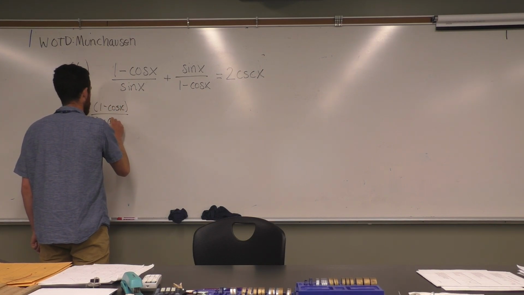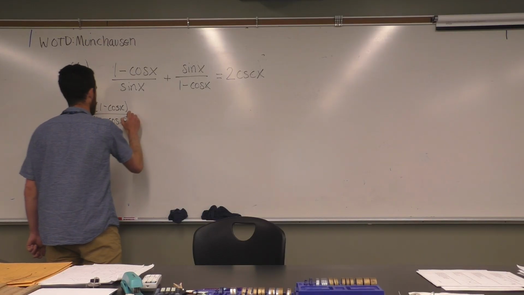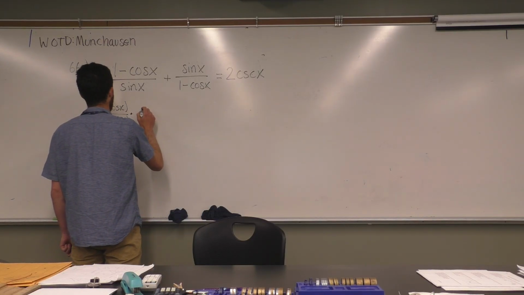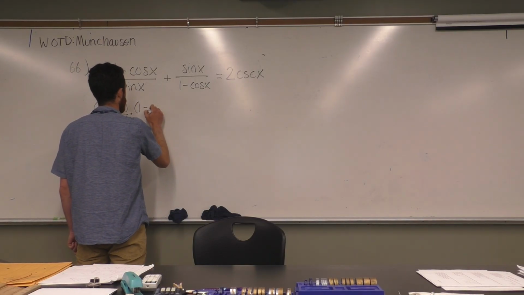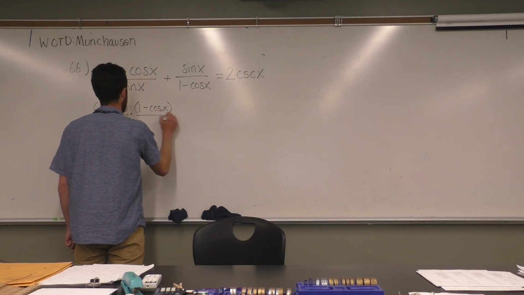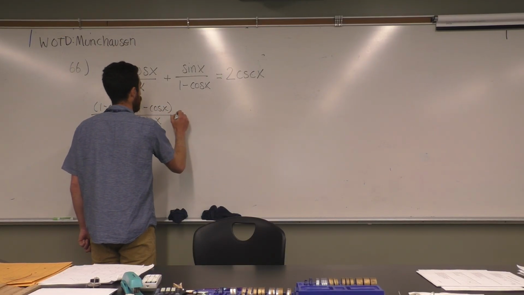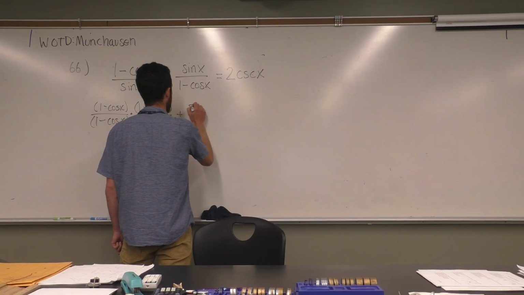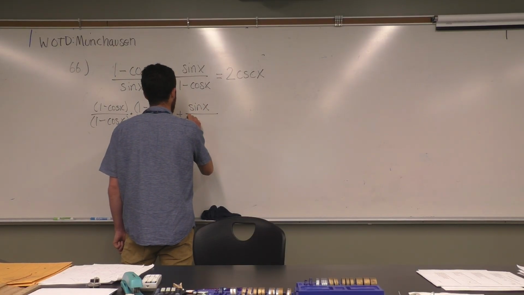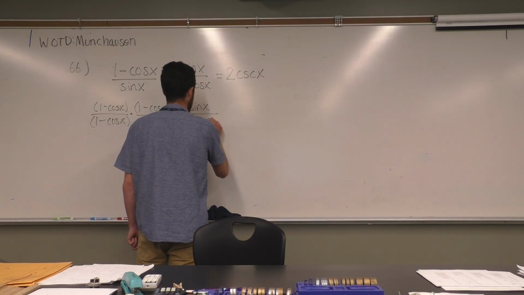in order to get a common denominator in the first term, I need to multiply by 1 minus cosine of x over 1 minus cosine of x. And in order to get the common denominator in the second term, I need to multiply by sine of x over sine of x.